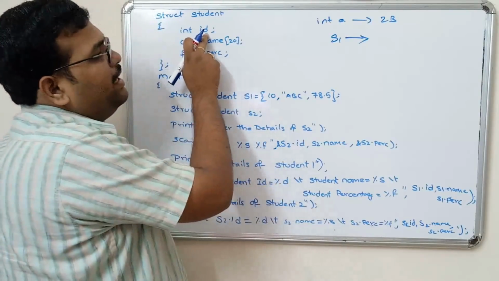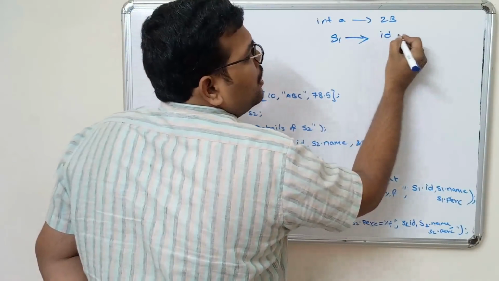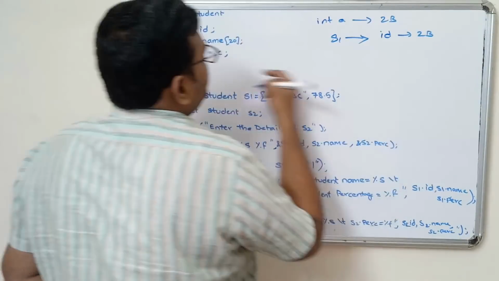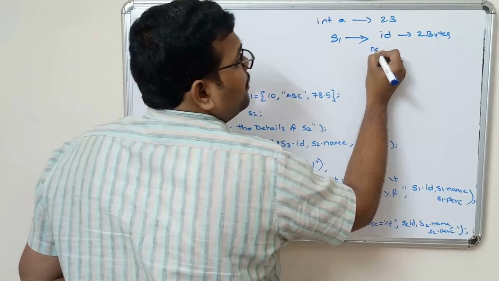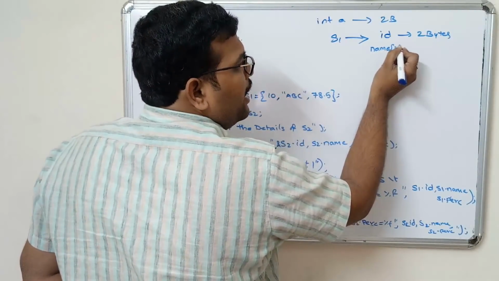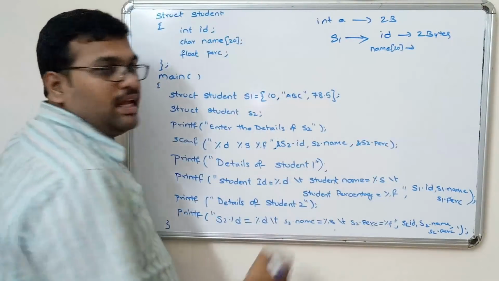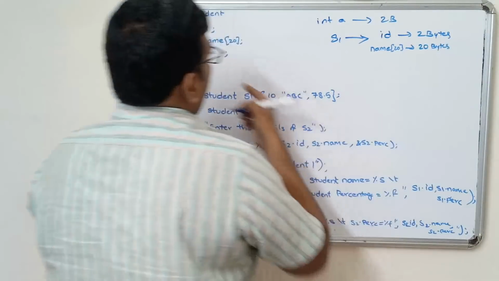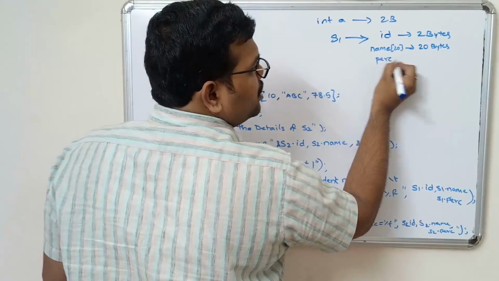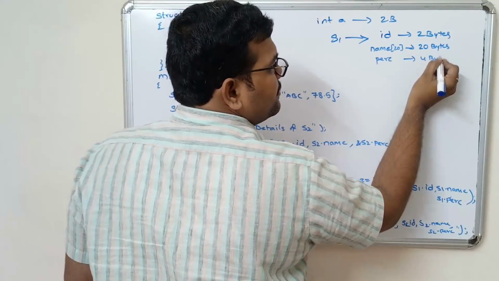For int ID, it requires 2 bytes. For name, as it is a character, 1 byte, and here we are declaring an array with 20 elements, so it requires 20 bytes. Coming to percentage, it's a float, it requires 4 bytes.